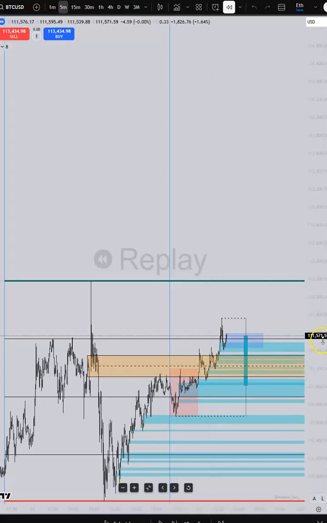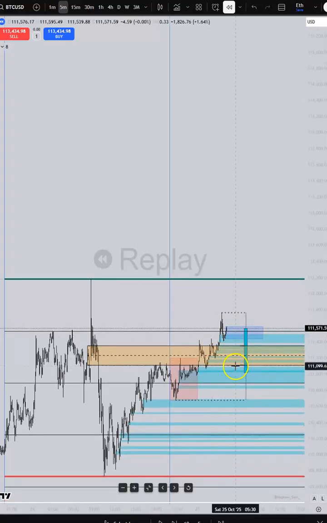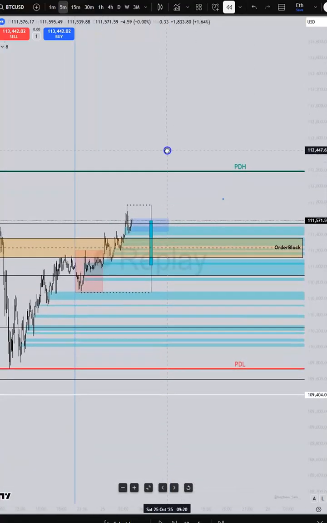As you can see, we start the session with a breaker. So the moment we broke this order block, I was sure we were going to take this previous day high. I was pretty sure because we have bullish bias on daily, bullish bias on the H1, and we were just looking for a bullish entry on the 5 minutes.